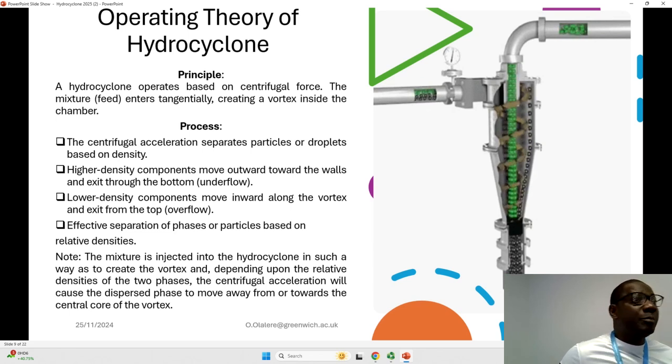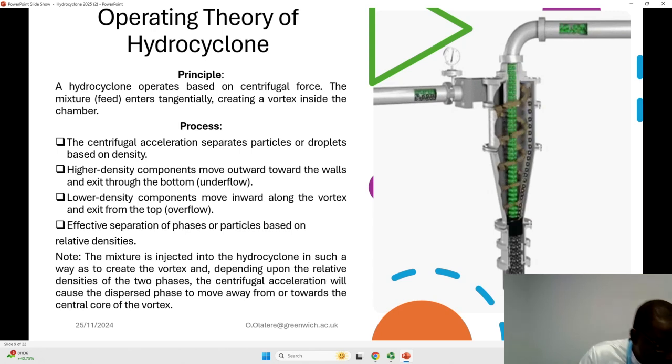So we have both centripetal force and centrifugal force. The centrifugal force separates those particles, let's say we have liquid particles and solid particles, based on centrifugal force. But the centripetal force is the one that moves around like this. But centrifugal is the one that will dig it down.